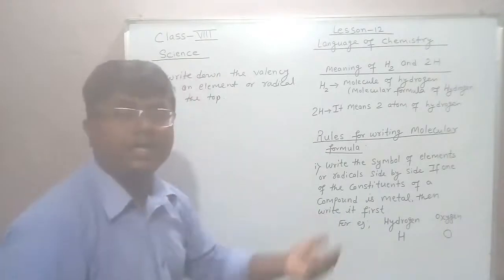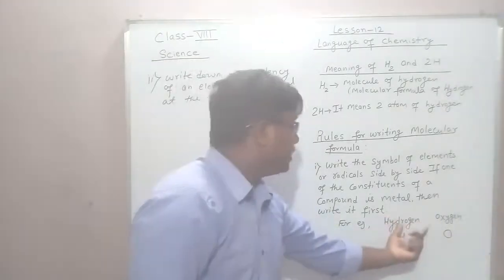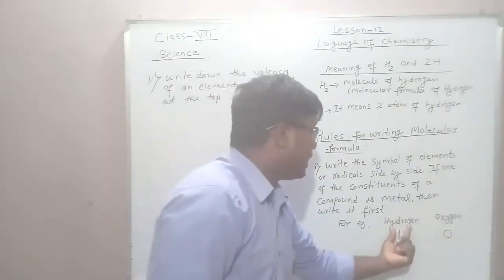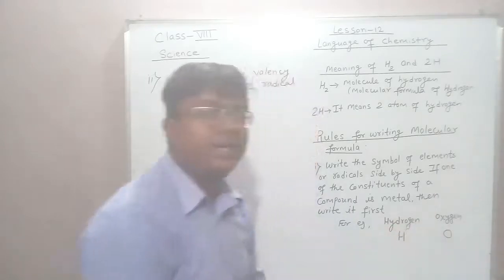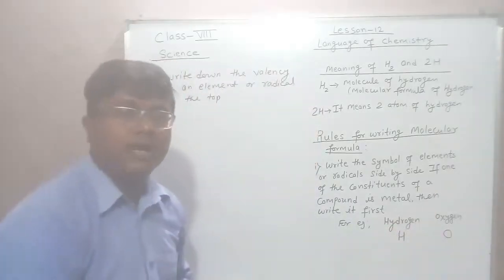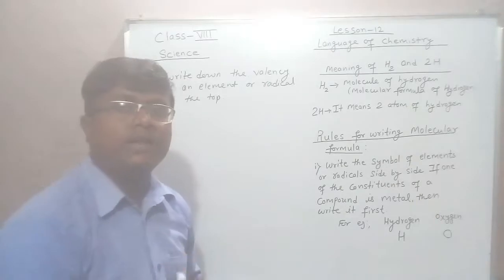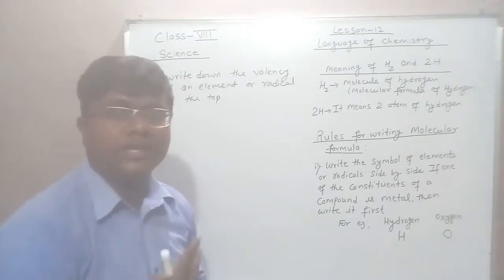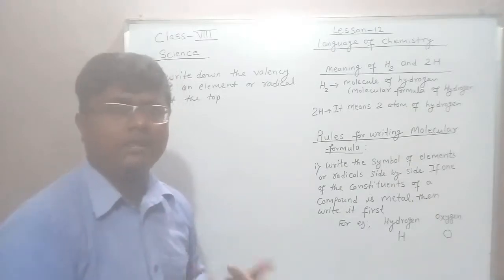After writing the elements side by side, like here hydrogen and oxygen as H and O, we write the valency at their top.